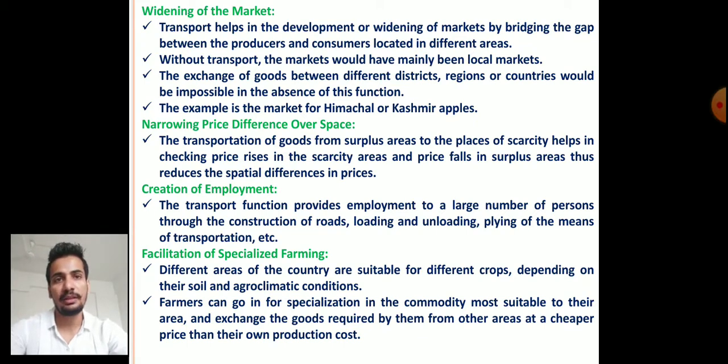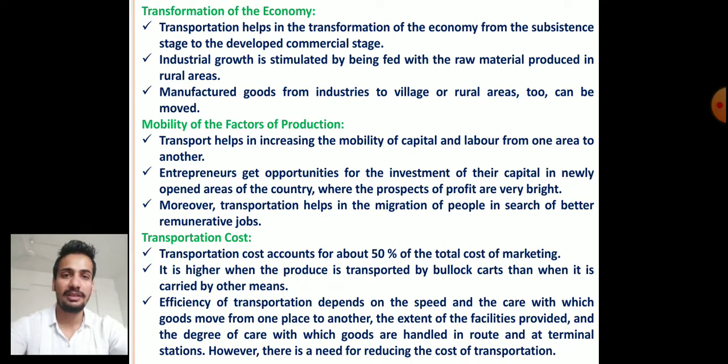Then next is transformation of the economy. Transportation helps in the transformation of the economy from the subsistence stage to the developed commercial stage, so industrial growth totally depends on the transportation function. Industrial growth is stimulated by being fed with the raw material produced in the rural areas. All the agro-based industries depend on the raw material which is mostly produced in the rural areas, so it needs to be transported from rural areas to the industry.